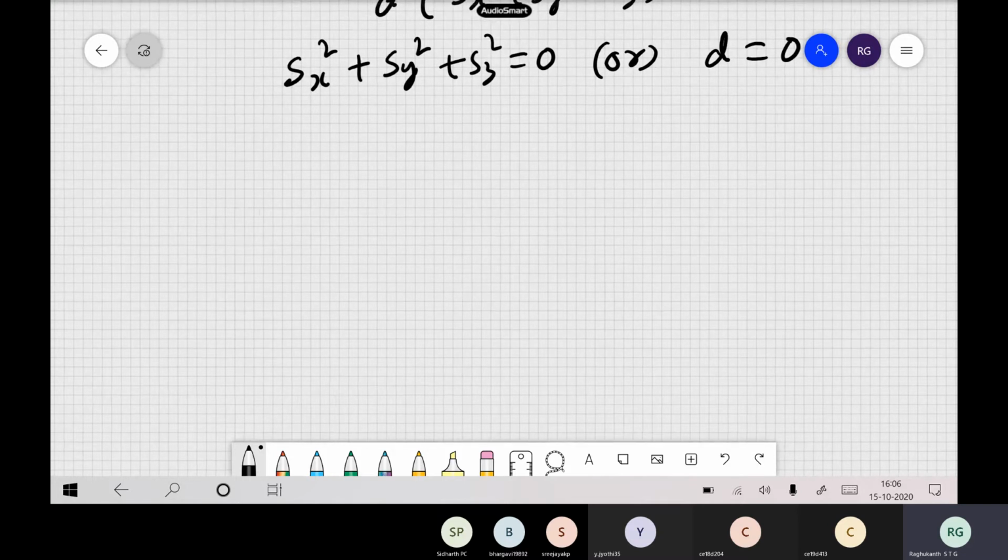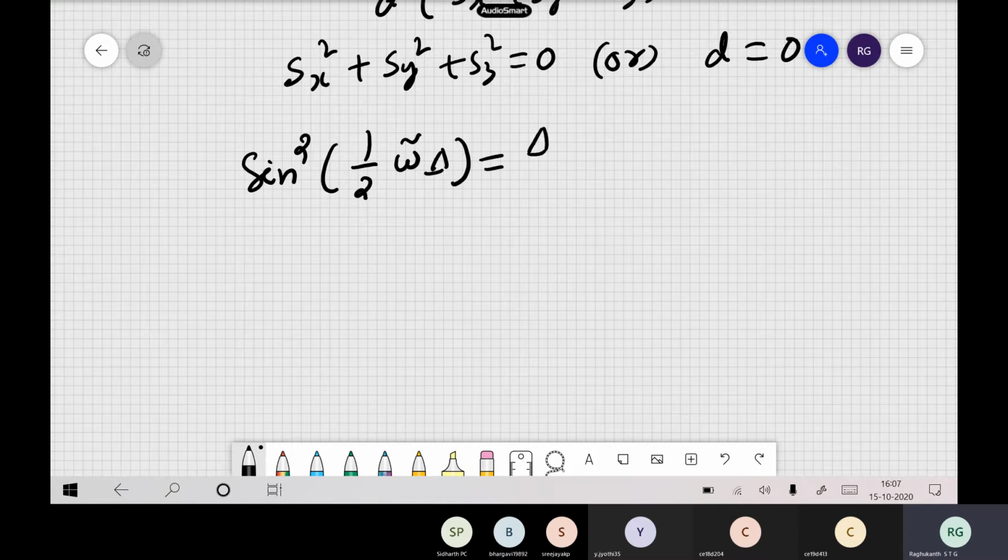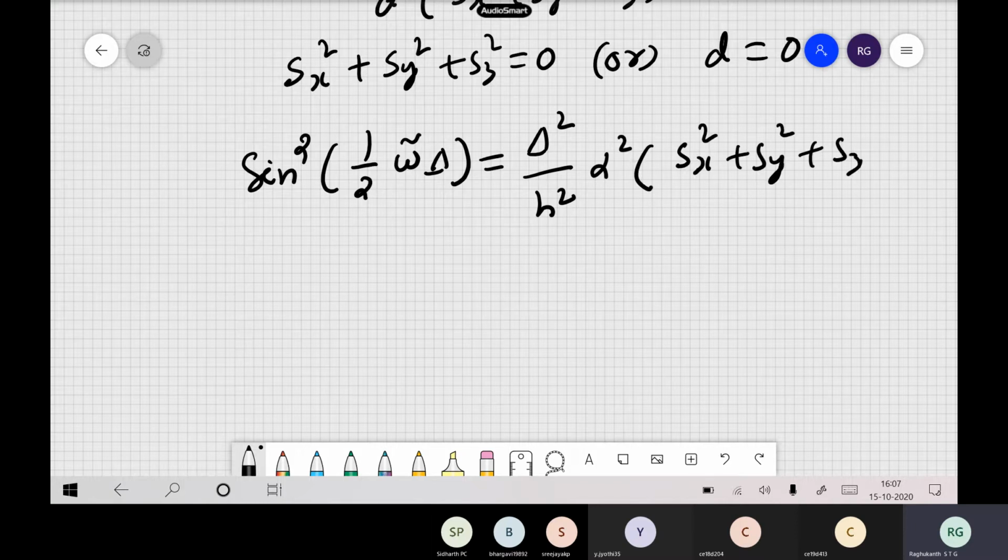So you substitute the previous sx, sy and all other terms in equation set 8.7. So finally you get sine square of omega delta by 2 equals delta square by h square, alpha square, times sx square plus sy square plus sz square. So this is one equation we have.